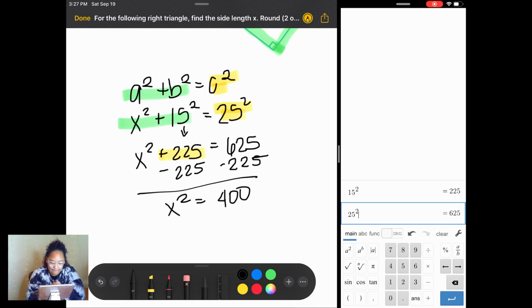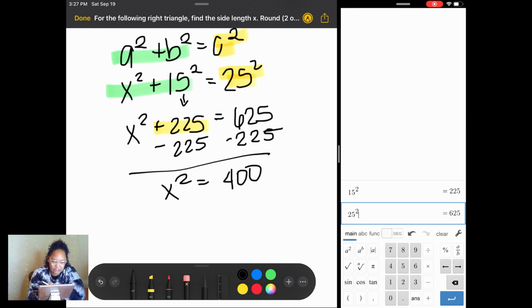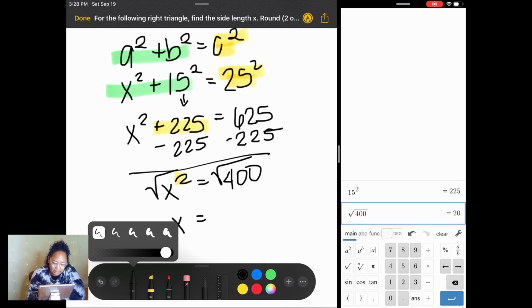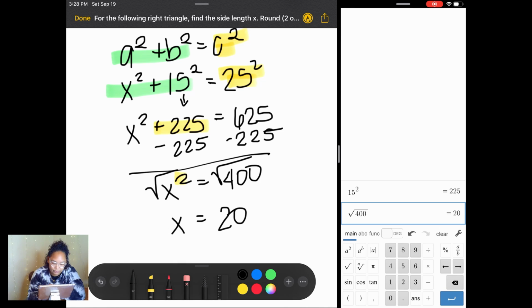400. Okay. In a previous video, I talked about how the opposite of a square is the square root. So when I do this on both sides, x is by itself, and I put in the square root of 400. The square root of 400 is 20.